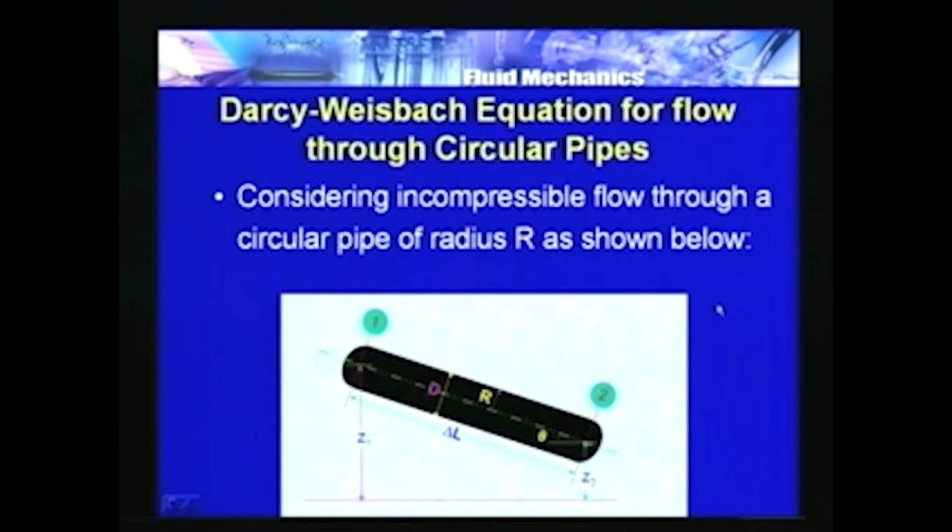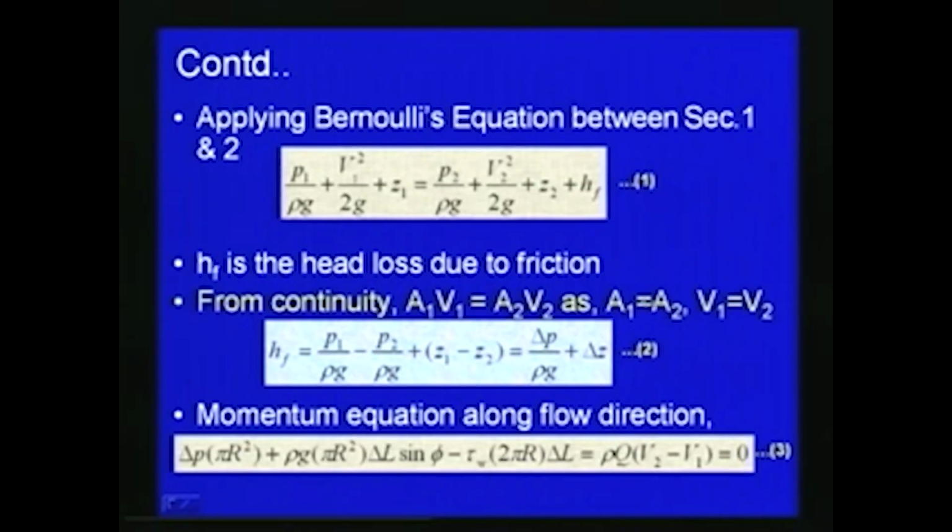Now we consider pipe flow, so the diameter is the same, so A1 is equal to A2. Between section 1 and 2, V1 is the average velocity at section 1, and at section 2, V1 is equal to V2 from the continuity equation. After using the continuity equation in equation number 1, we can write the head loss due to friction HF is equal to P1 by rho g minus P2 by rho g plus Z1 minus Z2, the difference in datum head.